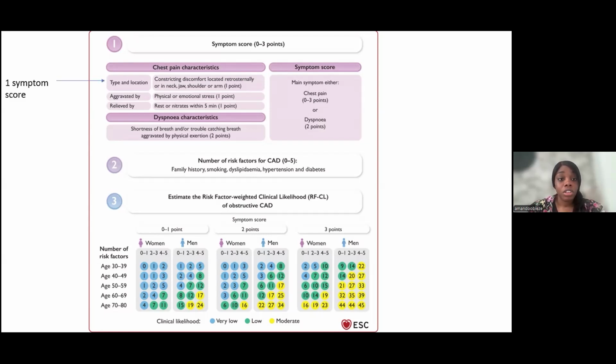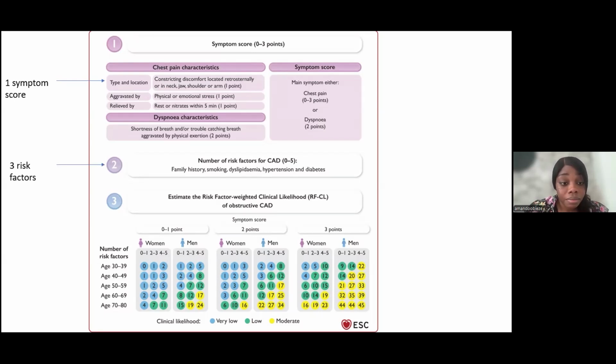Yes. So in our particular patient, he had one symptom score because he's described neck, jaw, shoulder pain, but it wasn't aggravated or relieved by the typical things that would. And in terms of the risk factors, next, he had 3 risk factors of coronary artery disease.